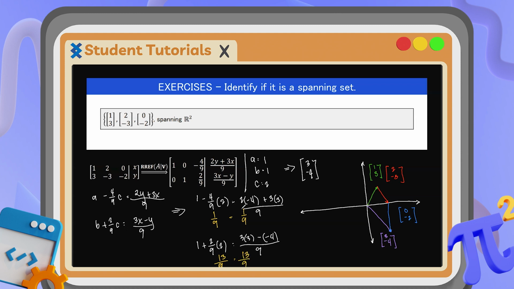The fact that they're equal means there is a relationship between the constants and the resulting vector, so there will always be a solution for every vector that you would encounter or create in 2D space. Therefore, we can say that this set of vectors does span R2. So yes, it does span R2.